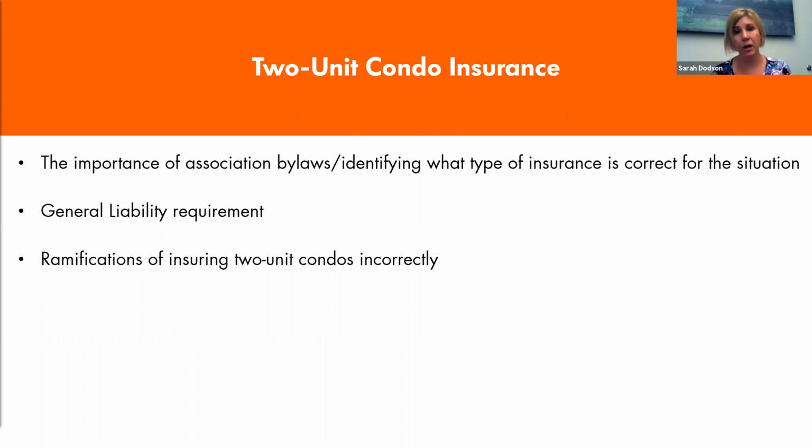So 2 possible repercussions of that are claim being denied and cancellation or non-renewal of the policy, potentially both as well. So it's very important to work with an insurance company that knows how to read the condo docs and understands exactly the type of insurance that is needed in order to protect them and make sure that their claims are paid out if they are to have one, or they don't risk cancellation or non-renewal.